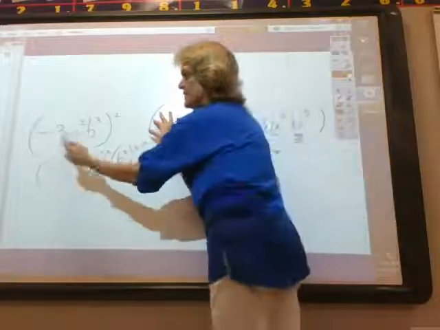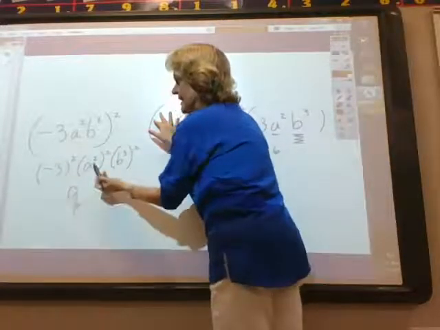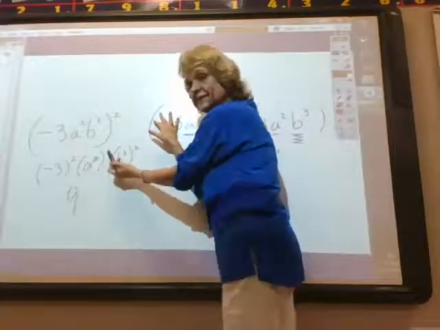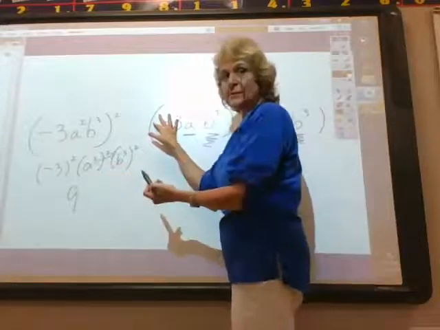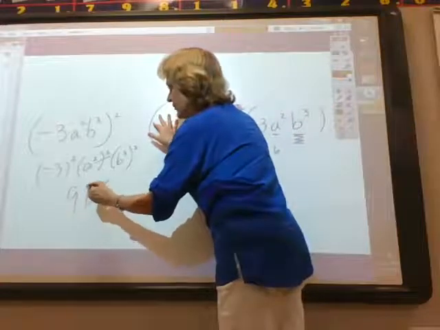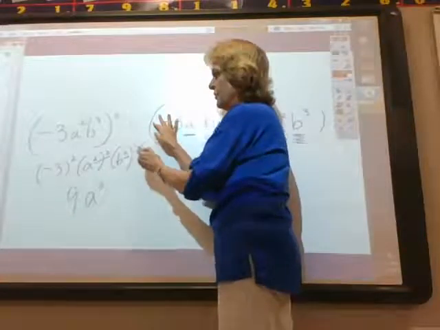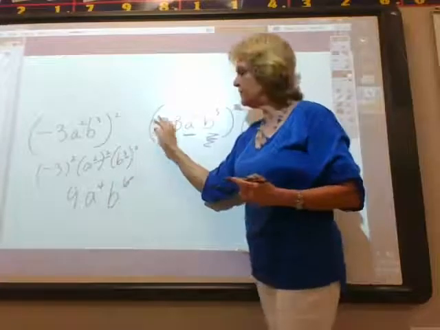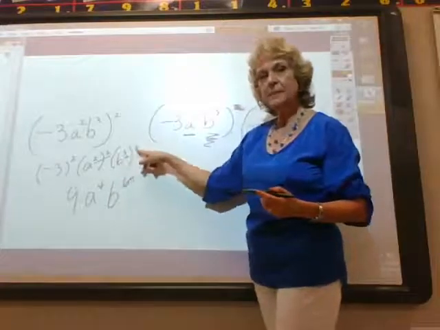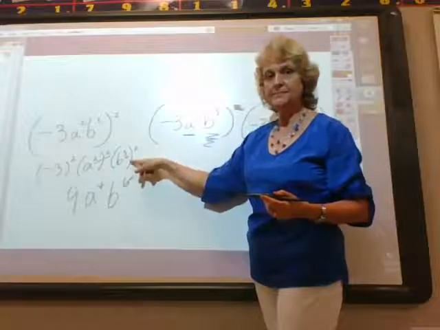So -3 times -3 is 9. A to the second raised to the second. When we raise a power to a power, we multiply those exponents. So that's a to the fourth. B to the third raised to the second power, b to the sixth. Remember, if you're raising a power to a power, you multiply them.